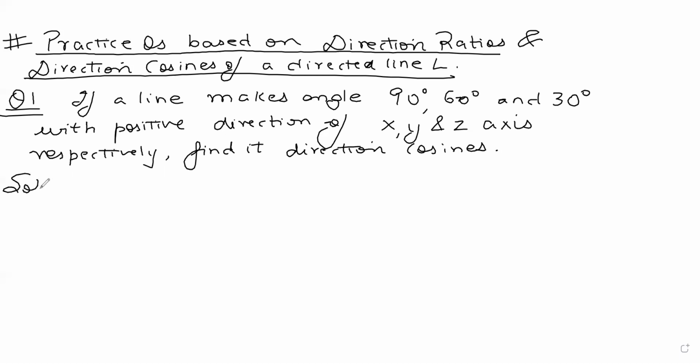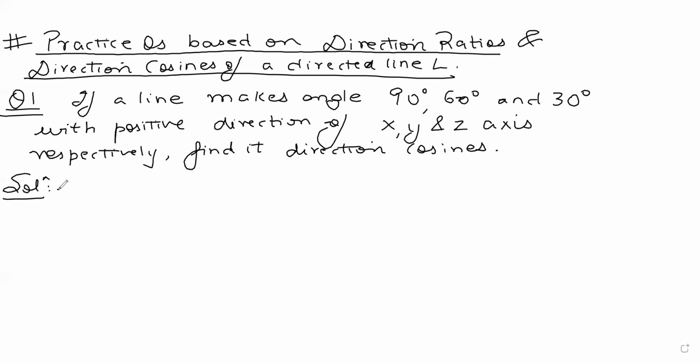Let's read the question again. Suppose there is a line which is making angles 90, 60 and 30 with the positive direction of the x, y and z axis respectively. We need to find its direction cosines.